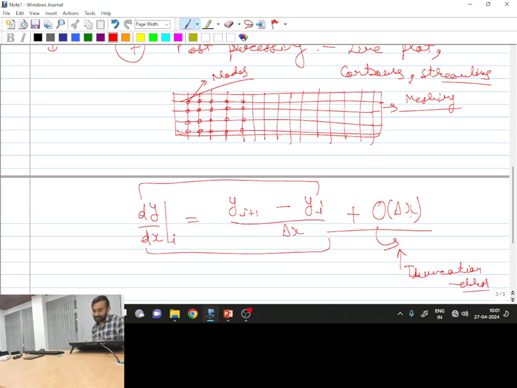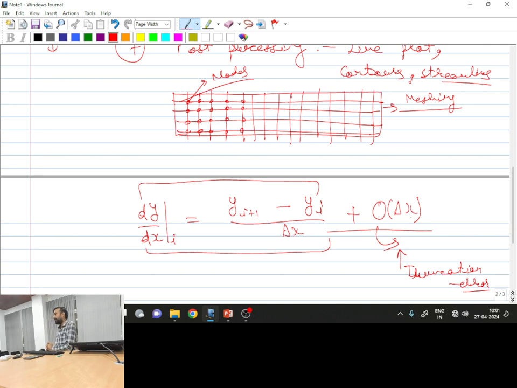Now the delta x order depends upon the size between these two points that we have created. So in your numerical solution, if you keep decreasing the size, your truncation error will keep decreasing. That is the reason that when you do a CFD simulation, we do something called a grid sensitivity test, or grid independence test.